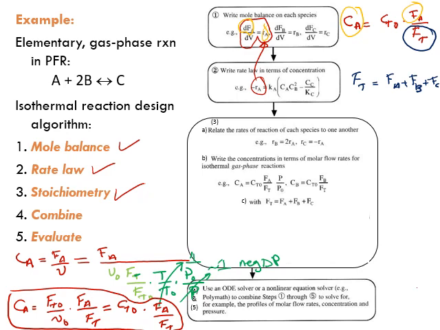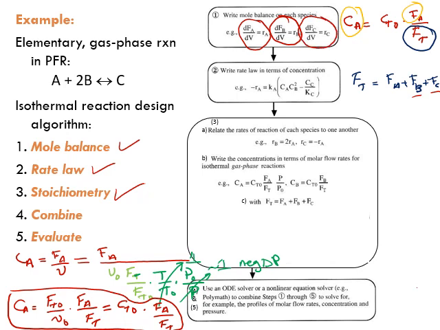Is it a variable? Yes, it's a variable, but I have an equation for it. But what about Fb and Fc? They are also variables. That's why we need to provide equations for them as well. This is the design equation for B, and this is the design equation for C.